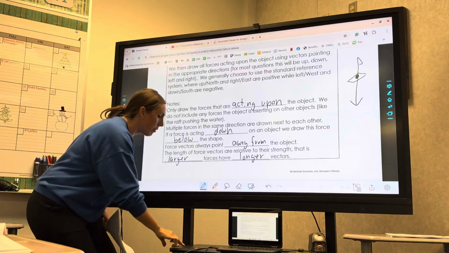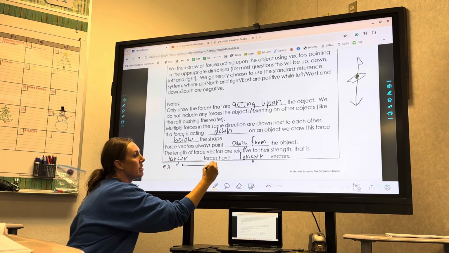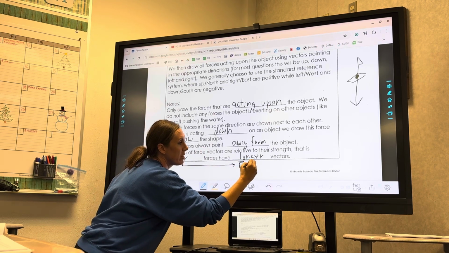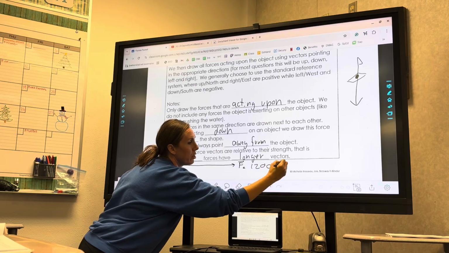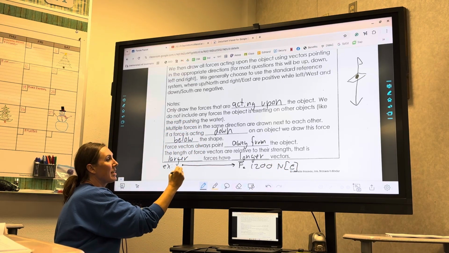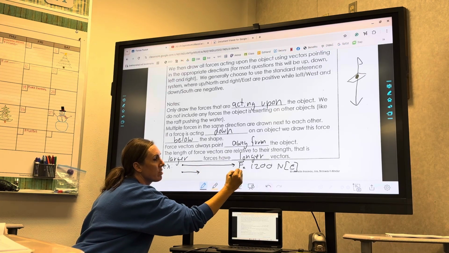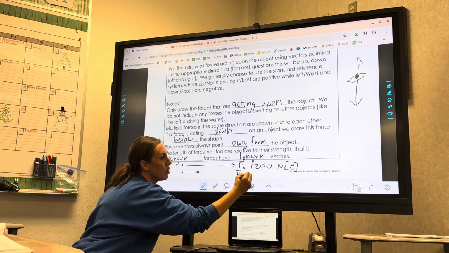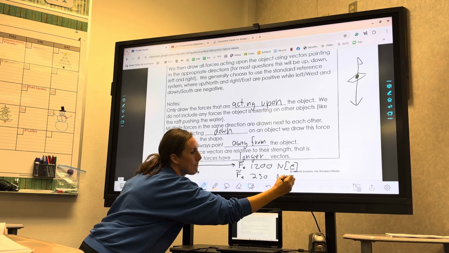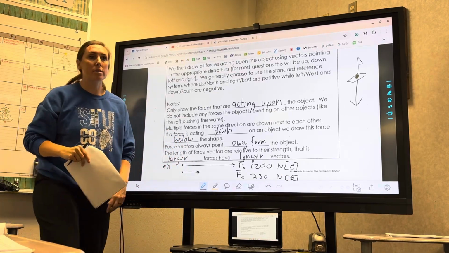So for example, something this long would be a force of the current, which is maybe 1,200 newtons east, versus something like this might only be the force of the current 250 newtons east. So the length depends on the magnitude.